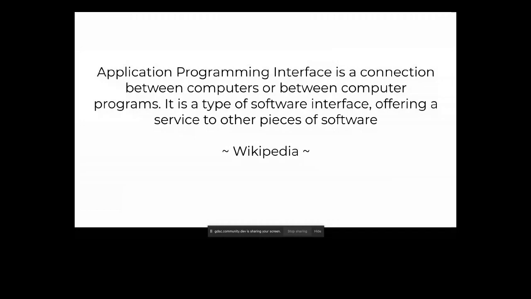From the definition, it's a connection between computer programs, offering some form of service. You can think of an API as a gateway or pathway through which two computers, services, or apps are trying to communicate.